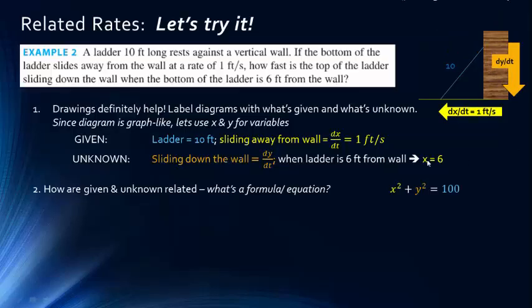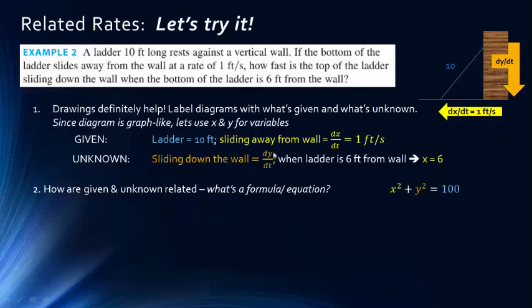So x squared, the distance from the wall, plus y squared is going to equal our hypotenuse squared, and the length of our ladder is not going to change. It's always going to be 10. So I get x squared plus y squared equals 10 squared, or 100.